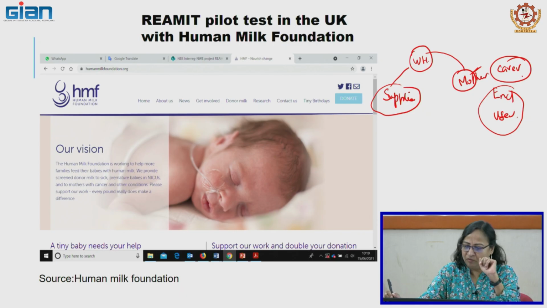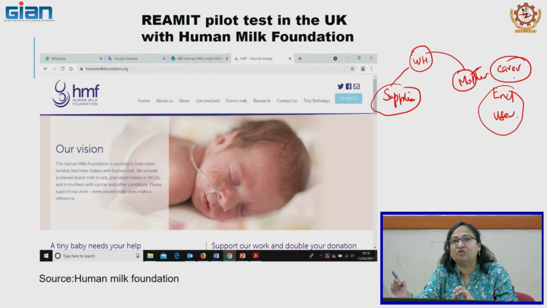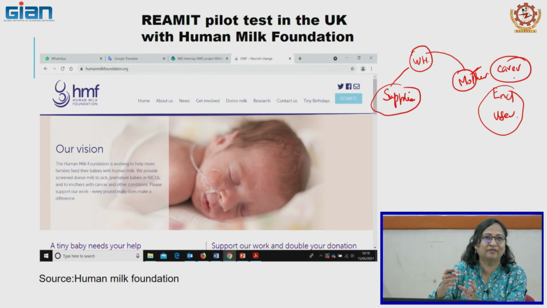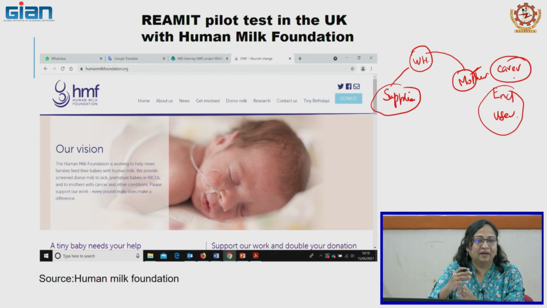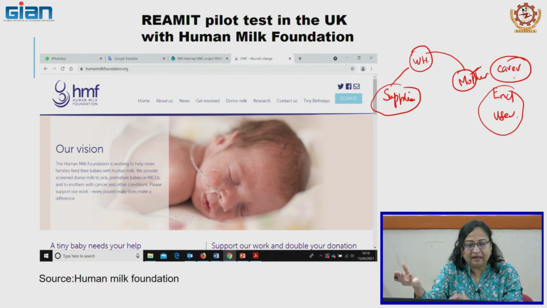But if they are giving it before time, it is okay, otherwise it is again a waste. We cannot avoid waste, but this is not like your tomato or orange, it is highly valuable, and value is not only money, value is your emotion, value is the health of the child. So, in that case, how can we use IoT? It was not easy initially, because it is very sensitive.